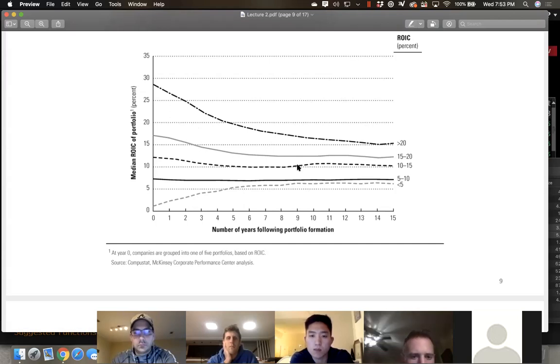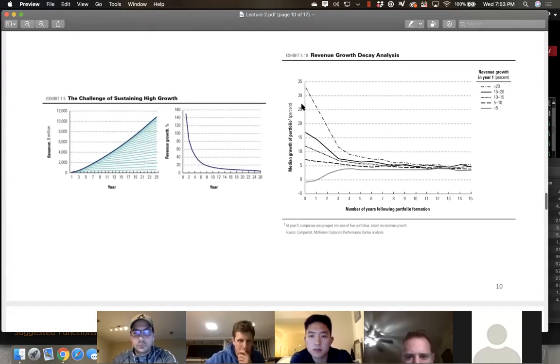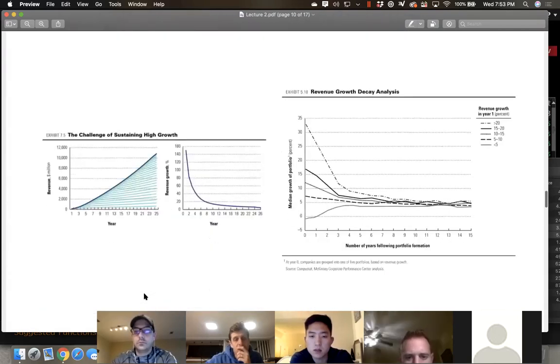And by the way, if you did it with growth, taking the fastest growing companies versus the slowest growing companies, as opposed to the highest ROIC companies versus the lowest ROIC by quintile, you also saw regression to the mean, except it happened much faster.